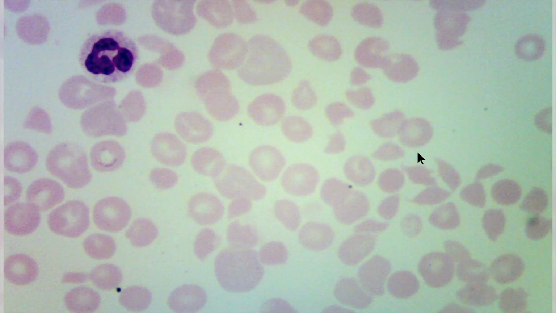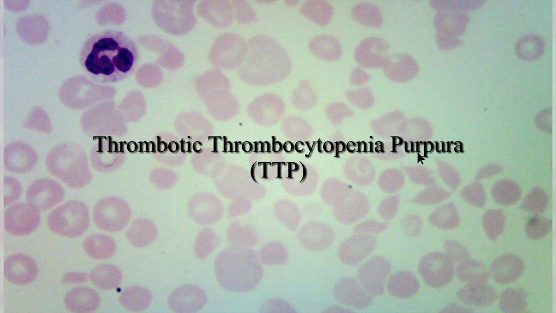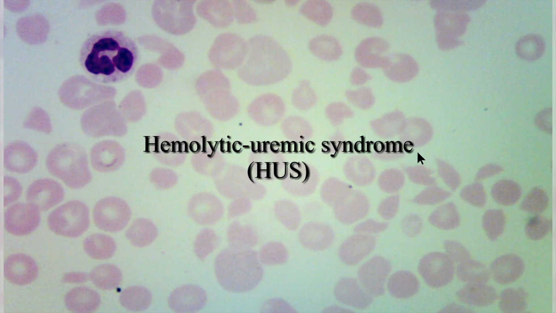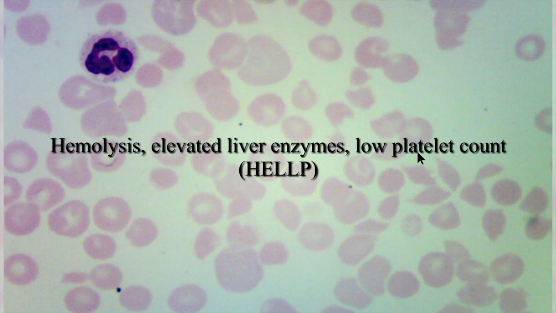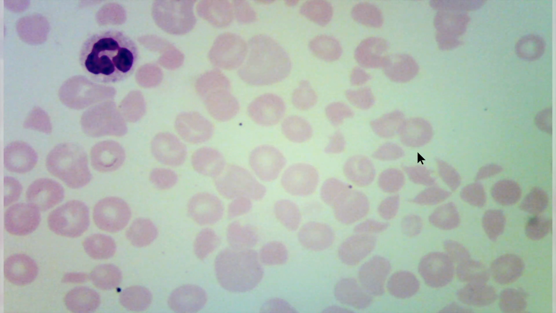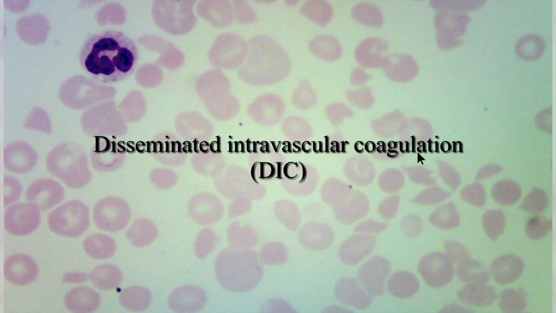Now, there are various forms of MAHA: thrombotic thrombocytopenic purpura, TTP; hemolytic uremic syndrome, HUS; HELLP syndrome, where HELLP stands for hemolysis, elevated liver enzymes, and low platelets; as well as disseminated intravascular coagulation, DIC.